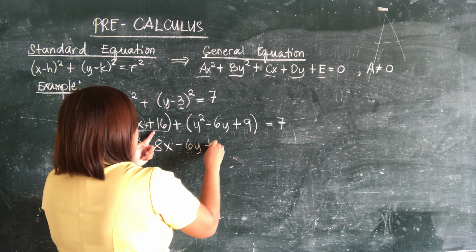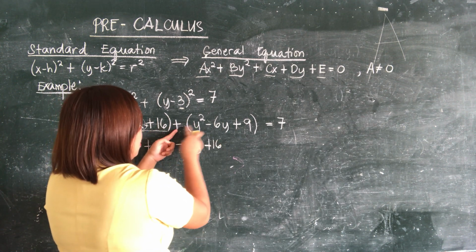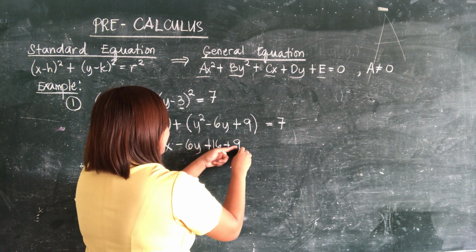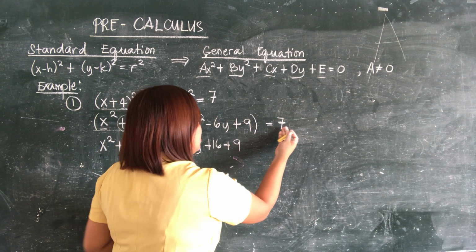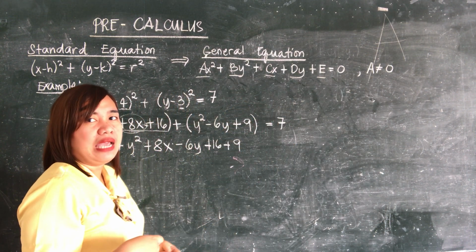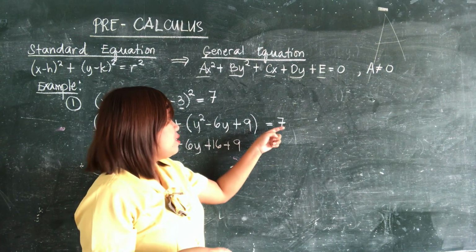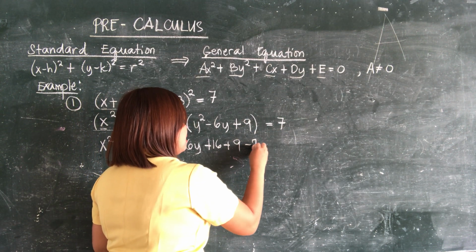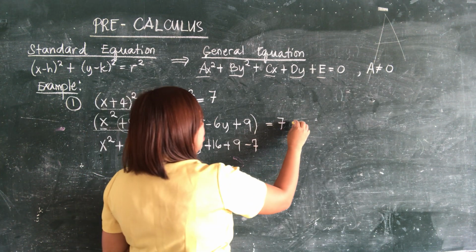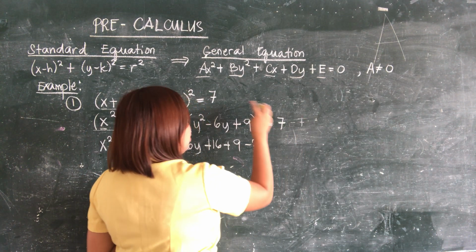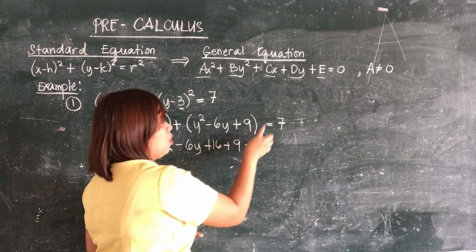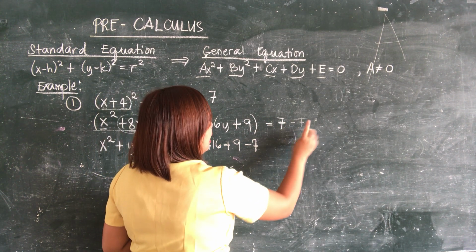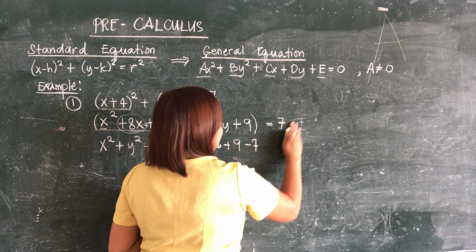Plus 16. Plus 9. Tapos yung 7, since ililipat natin siya on the other side or the additive property, so, you will have yung positive 7, it becomes minus 7. Kumbaga, nag-add tayo dito ng negative 7. So, which means nag-add din tayo ng negative 7 dito. So that, on this side, it will become 0.